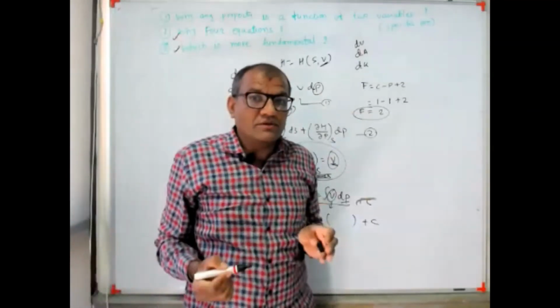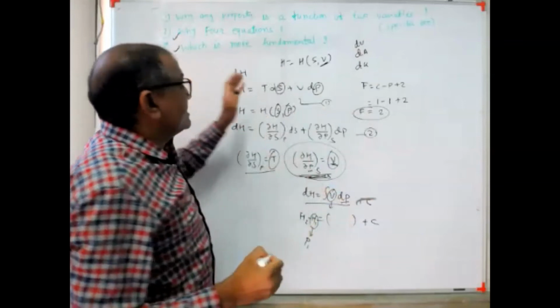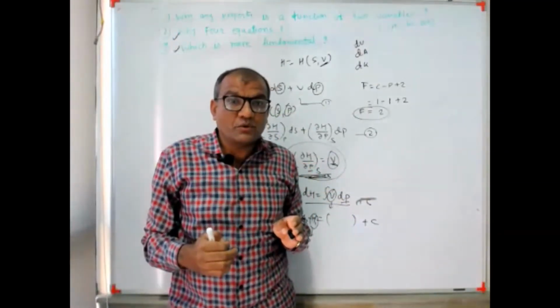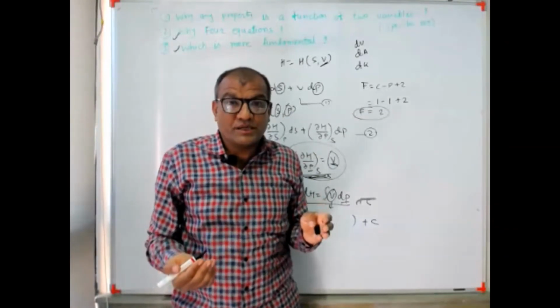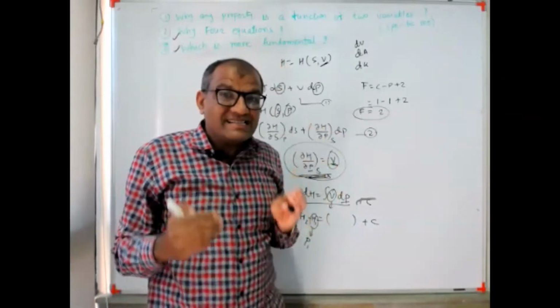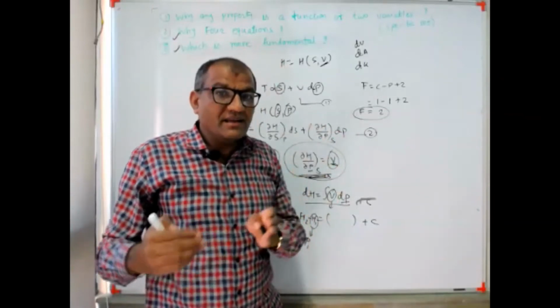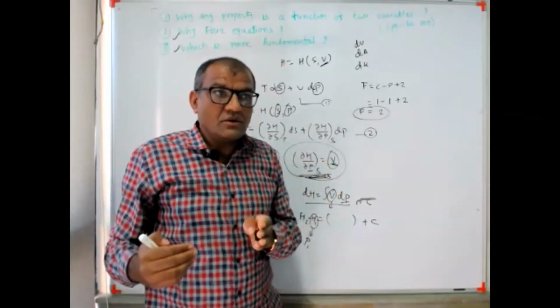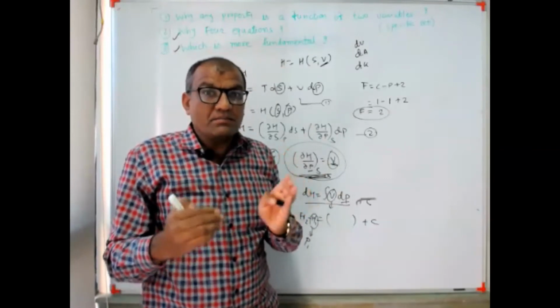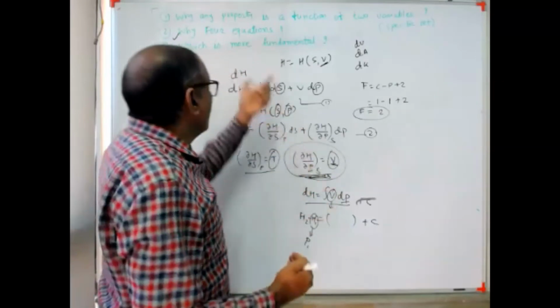Why are there four equations and which is more fundamental? If there are four fundamental property relations, which is more fundamental? The answer to these two questions is that each equation has equal importance. There is not any single fundamental equation as compared to the other three equations.